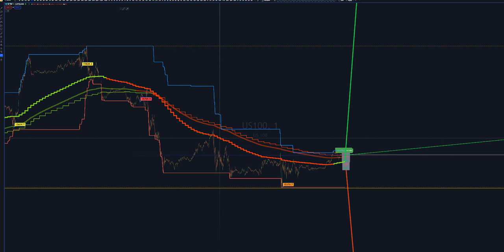So 12 minutes later, because we are still on the 1 minute chart in a bearish trend, we see that the bulls are trying to take control here, but two indicators are still bullish, while 1, 2, 3, 4 indicators are bearish, and it means that the bears are leading.